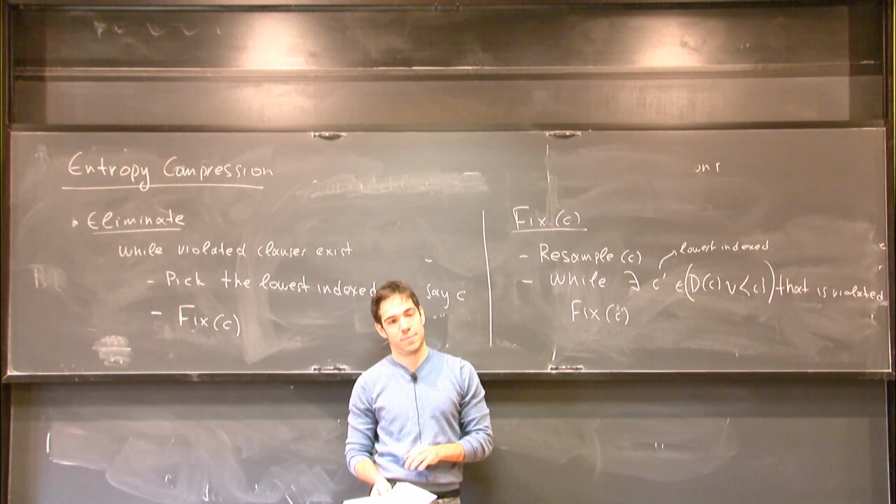Then you're done. And if they're not, you go to the lowest index one and do the same thing for that, checking whether its neighborhood is satisfied. You get back to the global procedure when nothing in the neighborhood is violated. That's why it's a DFS. You kind of keep going.